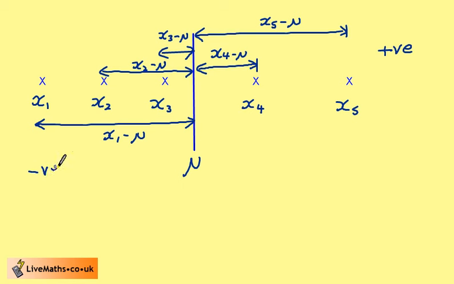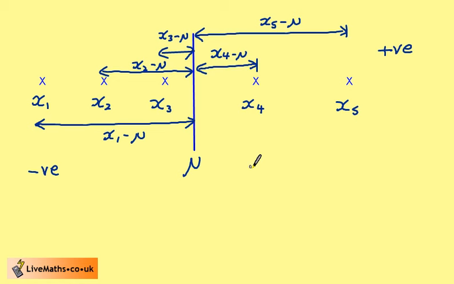And all of these would give us negative results since the points are to the left of the mean. If they're to the left of the mean, x1, x2 and x3 are smaller numbers than the mean, and therefore x3 minus mu, x2 minus mu and x1 minus mu will all give us a negative result.